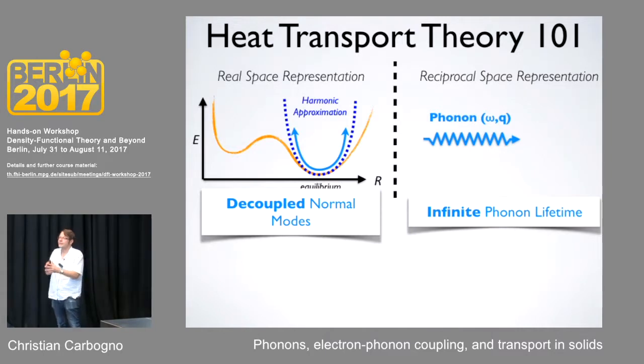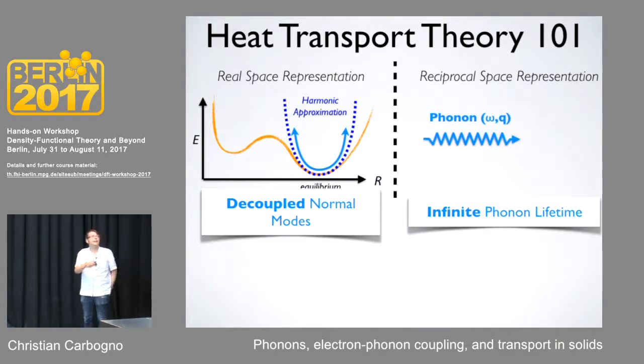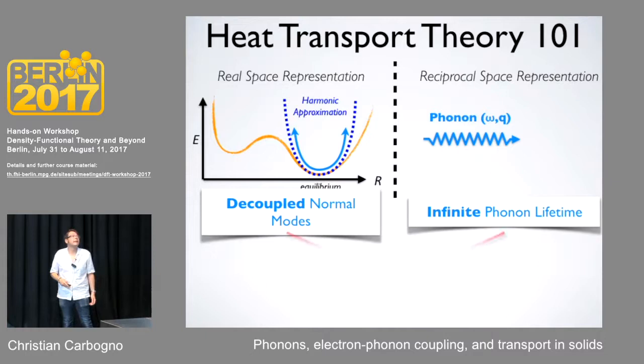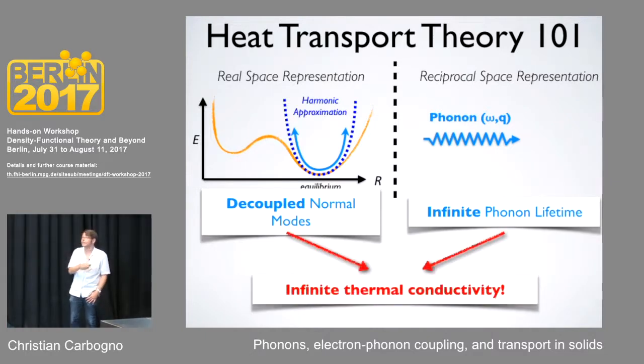So it transforms the problem of having 3n coupled degrees of freedom into solving 3n independent equations. And with that, the phonons don't see each other. And this leads to an infinite lifetime. In a harmonic approximation, if you set up one mode to transport a certain amount of energy, it would travel for an infinite amount of time. And this leads to an infinite thermal conductivity.